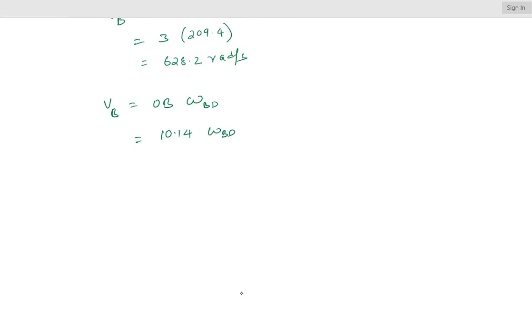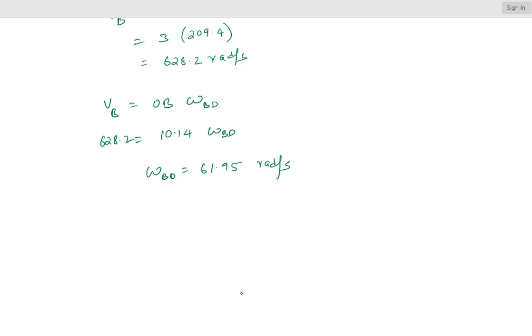VB we already found, 628.2. So omega BD is equal to 61.95 radians per second.